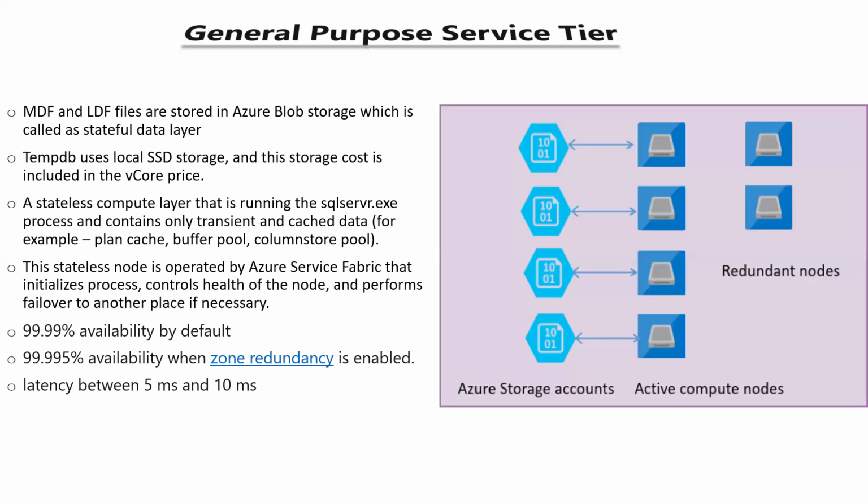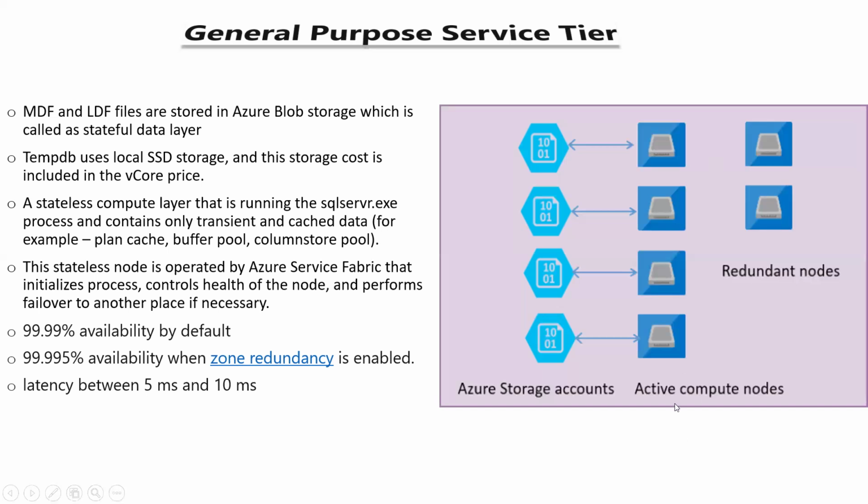Like that, in general purpose, behind the scenes, Azure Service Fabric is used for initiating the process for the SQL Server engine, and it will monitor the health of the nodes. It will also perform the failover.